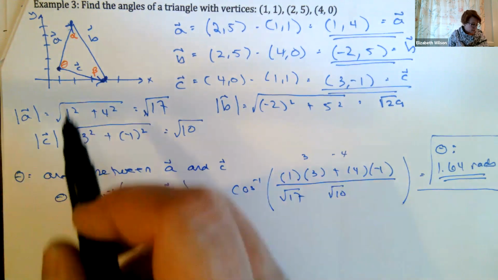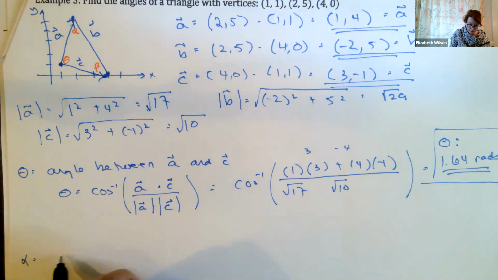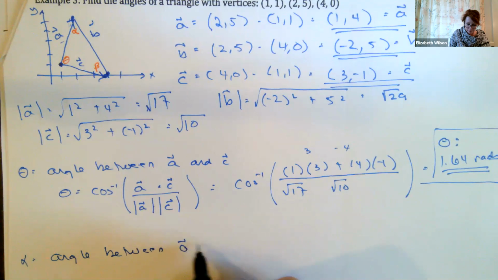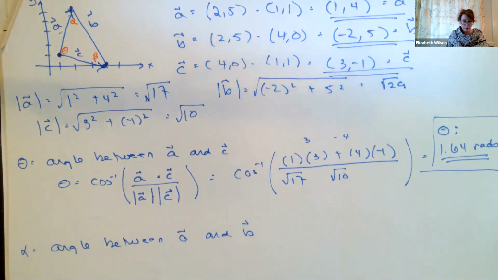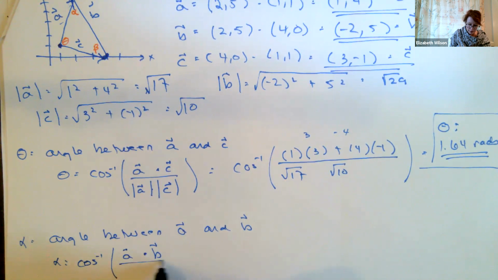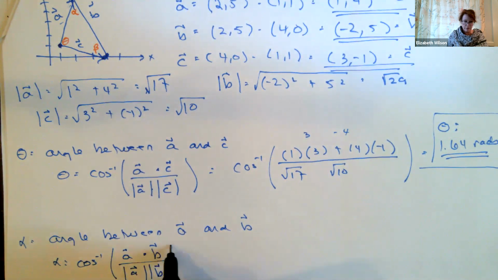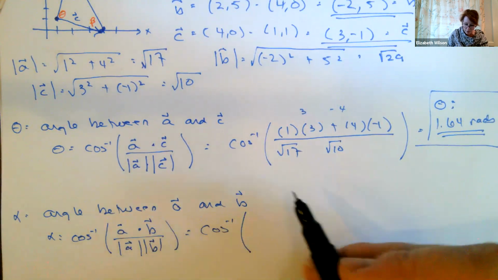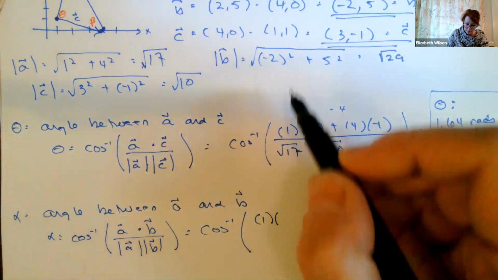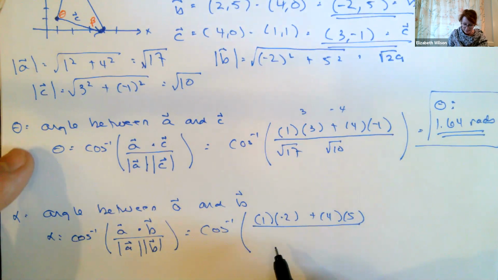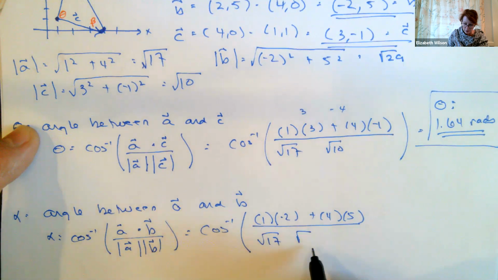Okay, now we're going to calculate the other one. So let's do alpha. That's the angle between A and B. So alpha equals inverse cosine of A dot B all over the magnitude of A times the magnitude of B. So I'm going to go 1 times minus 2 plus 4 times 5, all over the magnitude of A, radical 17, times the magnitude of B, radical 29.